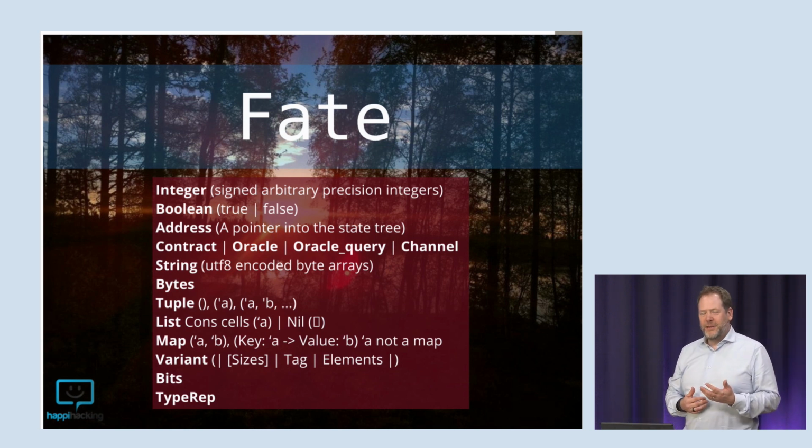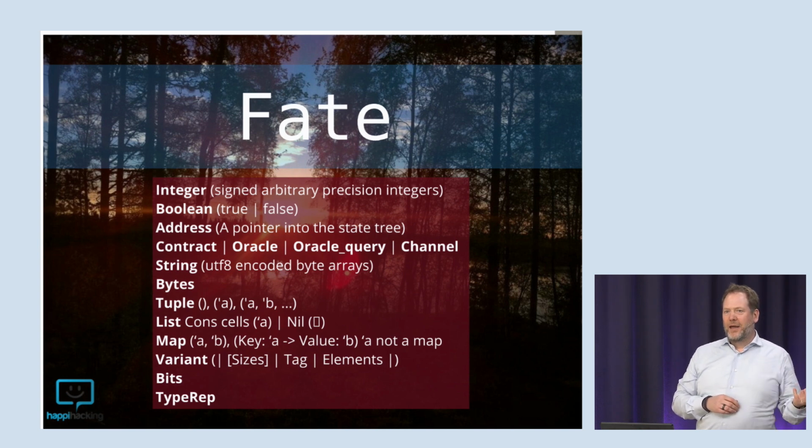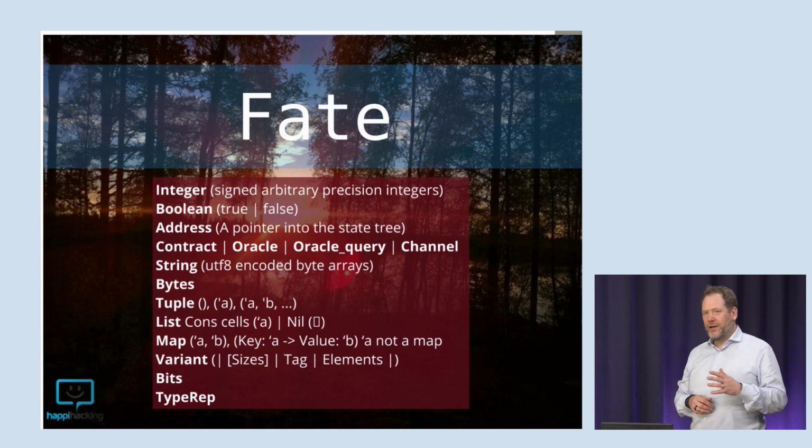So the data types in FATE are integers, booleans, and address, which is an address on the blockchain. And this blockchain also has contracts, oracles, oracle queries, and channels, and all these are first-class objects, not only in the Sophia language, but also in the FATE virtual machine.